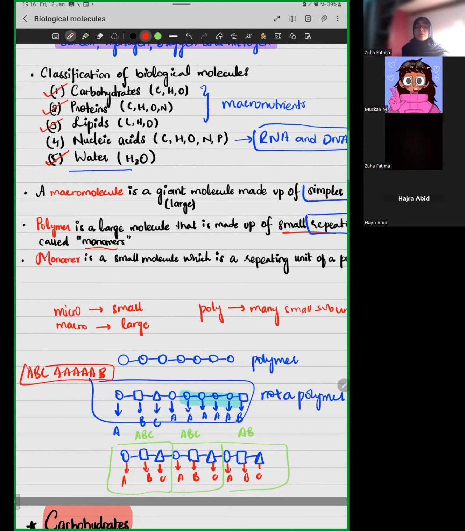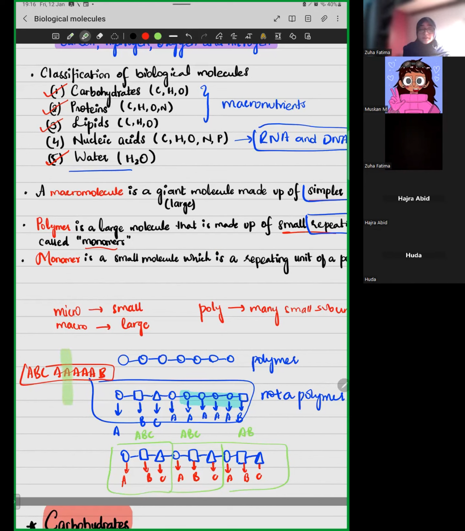I cannot ask you, show me the units of this polymer. You can say, okay, I can identify the individual units, but I cannot identify a repeating unit. So a macromolecule is made up of smaller units. If I break down this macromolecule, for example, like this, if I split it from here into these two parts, do you see a repeating pattern?